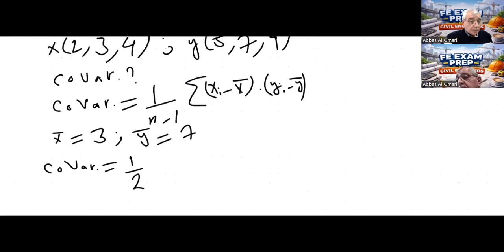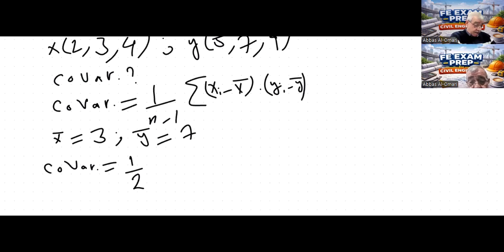The covariance equals 1 over n minus 1, which is 1 over 2, times the sum.